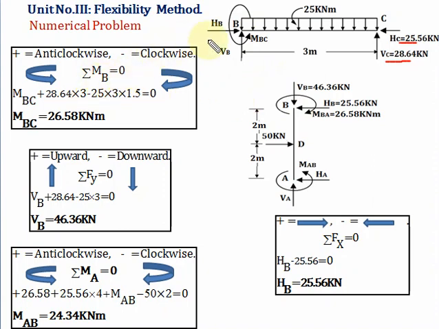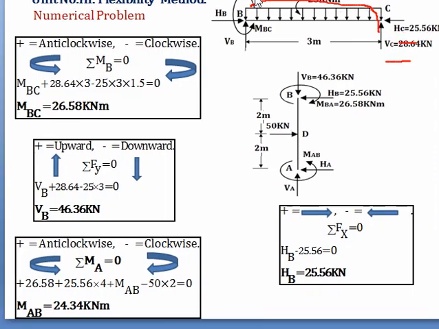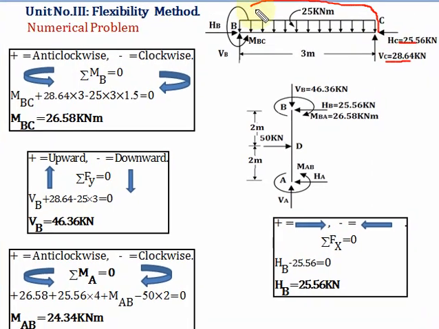So by using these three equilibrium equations we'll find these three unknowns. First we'll take the summation of moment at B equal to 0. Here for MBC we have to refer to the sign convention, anti-clockwise positive and clockwise negative. MBC is acting anti-clockwise, so plus, then 28.64, length is 3.